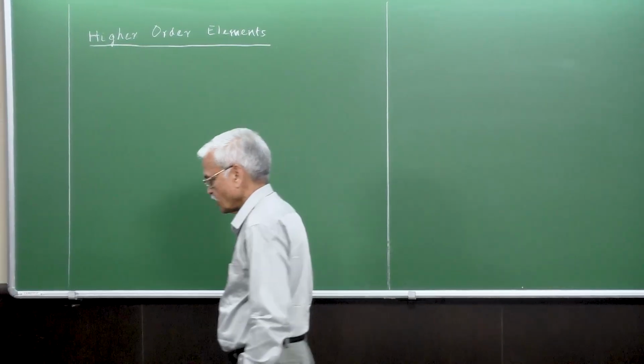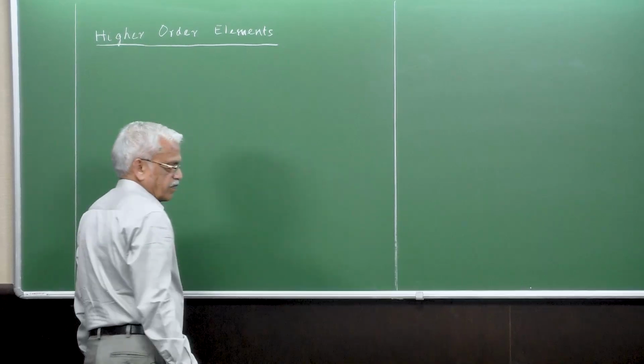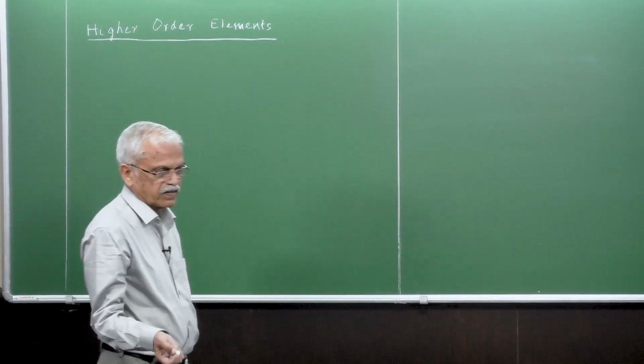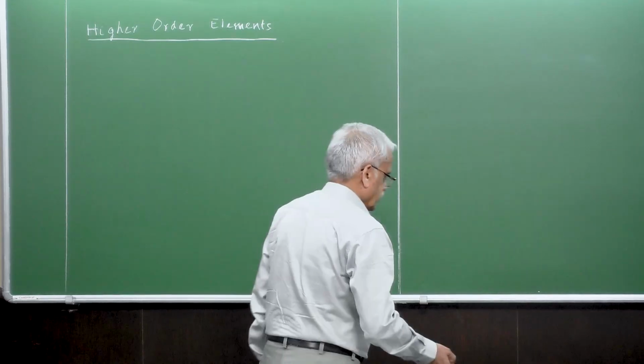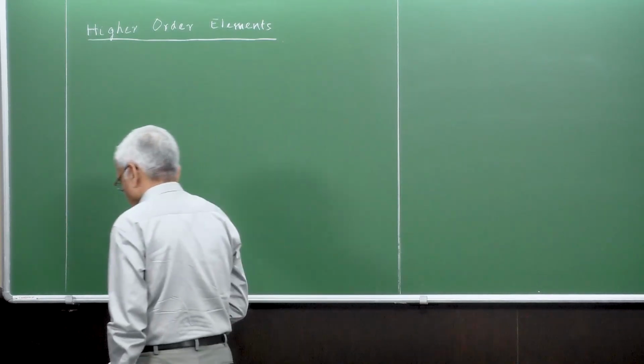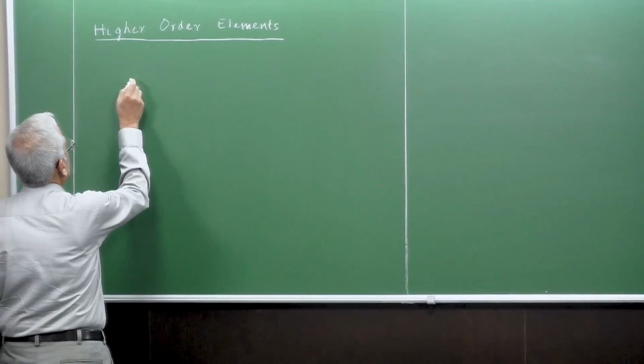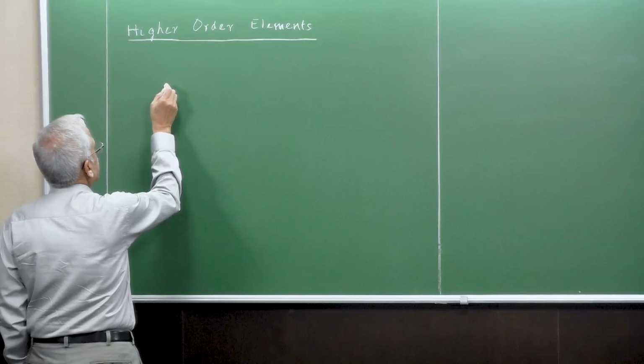So just to recall, we have the variable phi in the heat conduction, or it can even be u in the case of displacements in solid mechanics. So in any case, we have the phi.